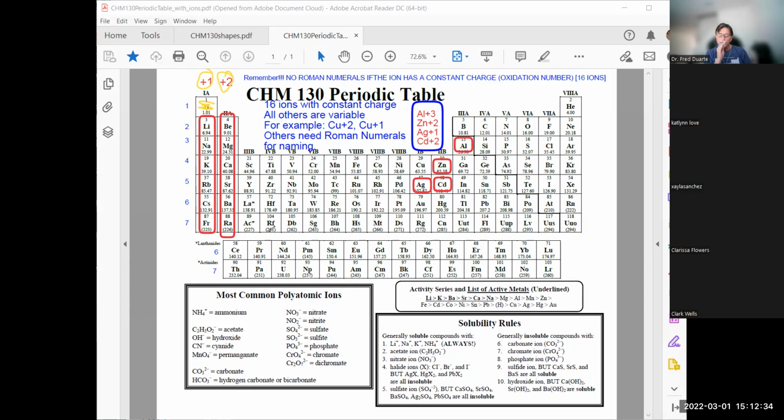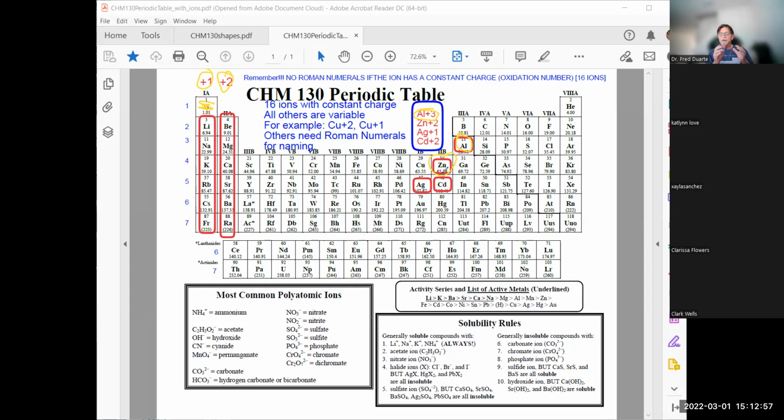Now we're going to add four more metals that have a fixed oxidation state. Aluminum, Al, always has a +3. Zinc always has a +2. Silver always has a +1, and Cd, cadmium, always has a +2.